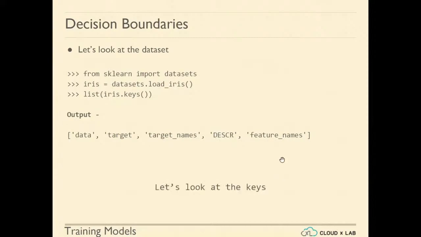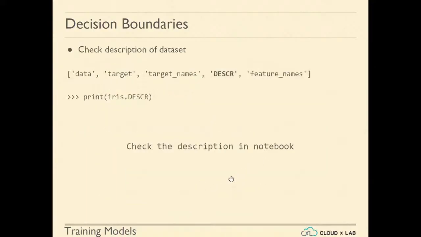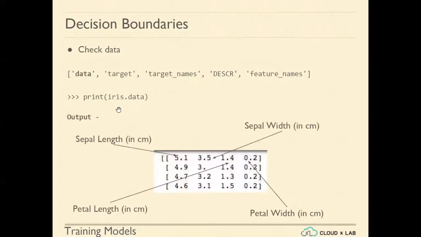Yes. And feature names are nothing but these names, right? Sepal length, sepal width, petal width, right? Yes. So using this command, you can print the description and you will get the complete description of the data set. And as I said, if you print data, you will get this tabular form, right? 150 rows and 4 columns, where each row represents a data point.